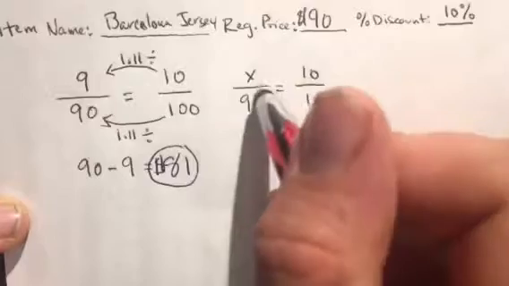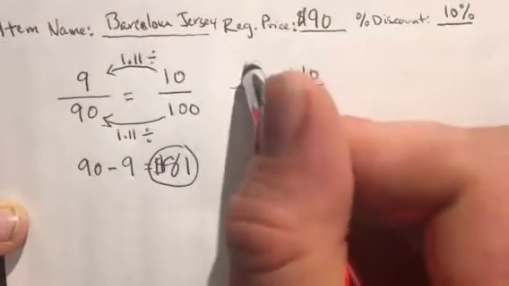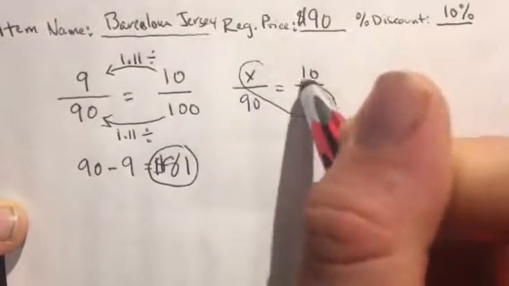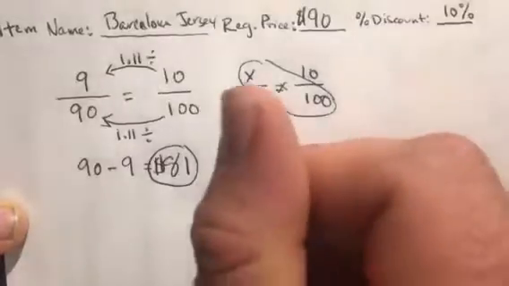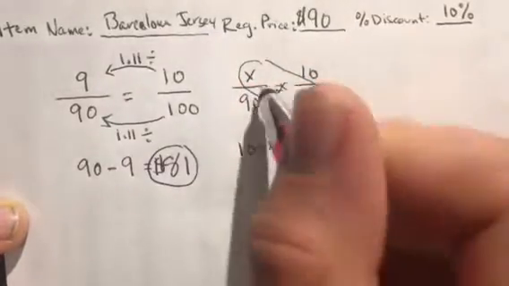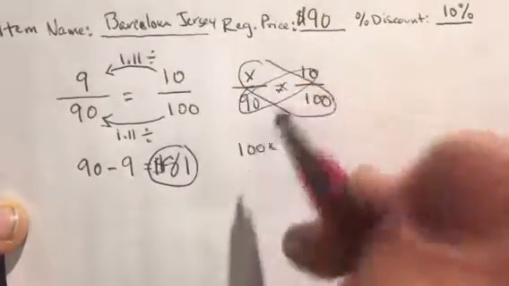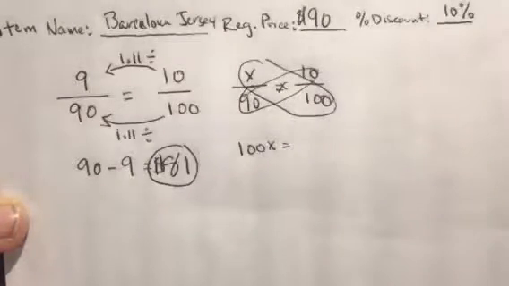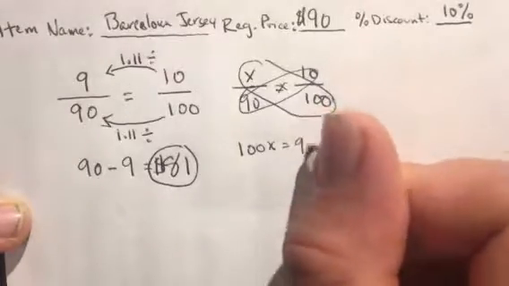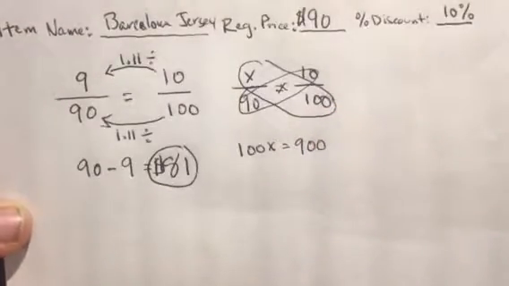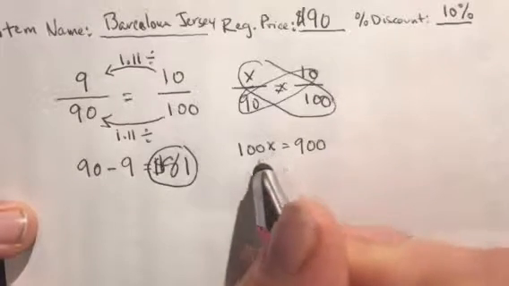If you did it the other way, if you like to cross multiply, we can start with our variable and do x times 100, which gives me 100x. I can also do 90 times 10, which gives me 900. But now to get my variable by itself, I have to get rid of this 100.